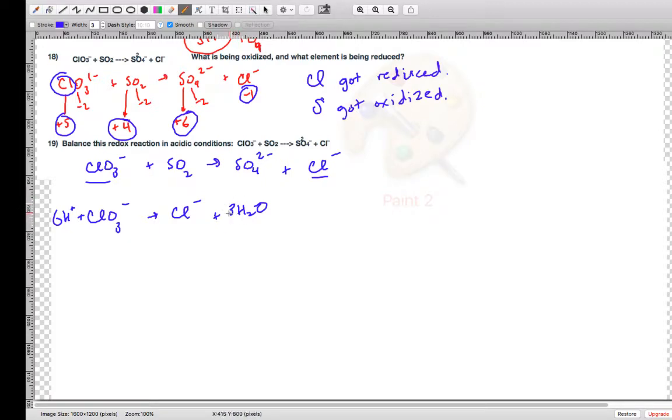And then E, I add the electrons. So the total charge here is 6 plus -1, which is +5. Total charge here is -1. So I'm going to have to add 6 electrons here so that I can get -1. So I'm adding 6 electrons. And I'm cleaning up my scratch work.